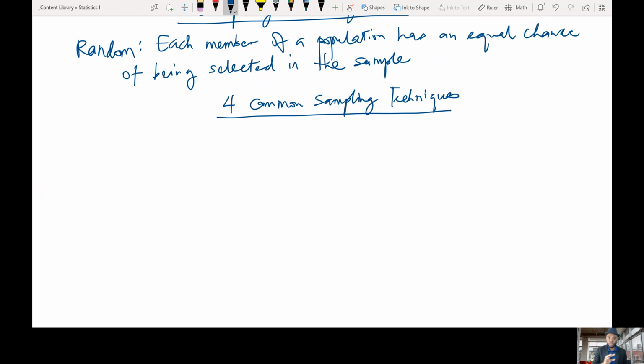Now, convenience sampling has no form of randomization being used, but I'll classify that as one common form of sampling technique. So for convenience sampling, we are basically using the result or observation that is easy to get. So this is not random.